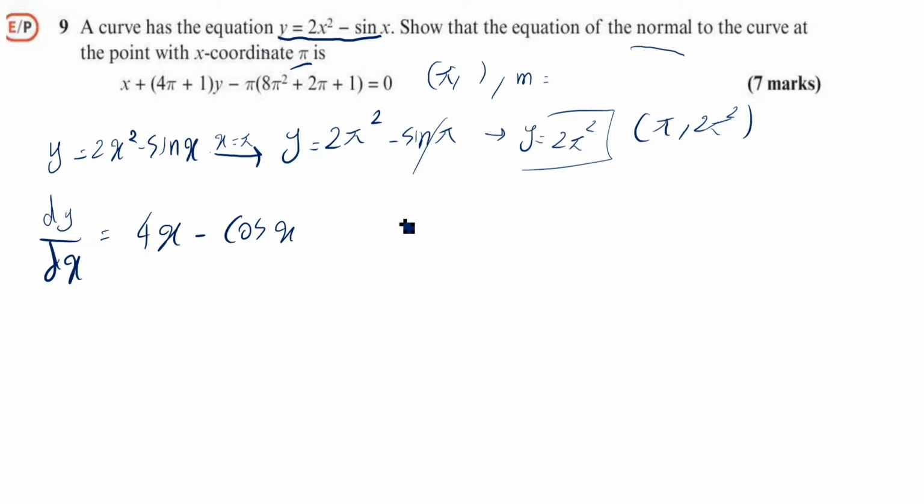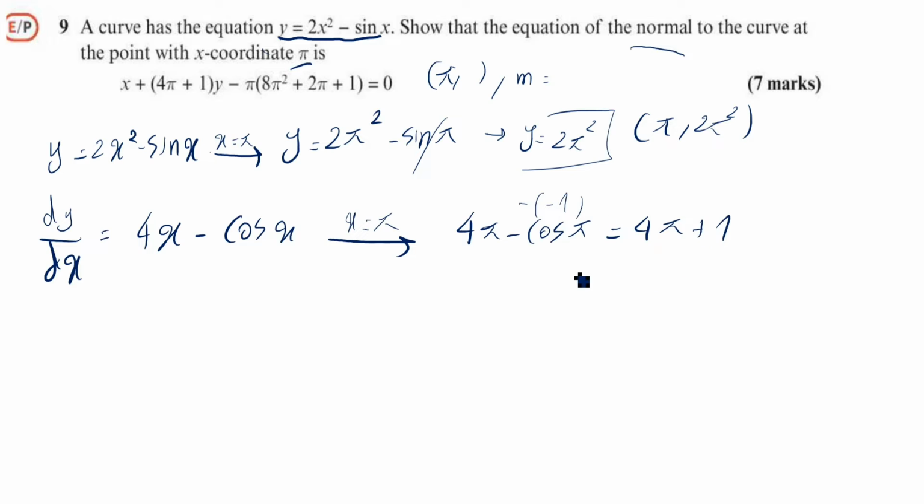And the next step, since we are looking for the gradient at pi, we sub pi into our gradient equation, which is going to be 4 pi minus cos pi. And 4 pi, we just write that. And cos pi is going to be minus 1. Since it's minus cos pi, it's going to be minus minus 1, which is plus 1.